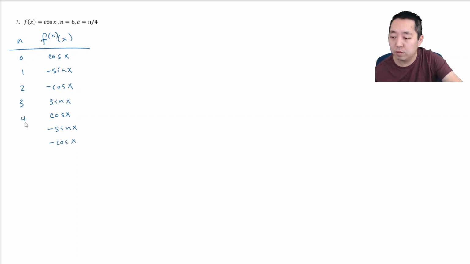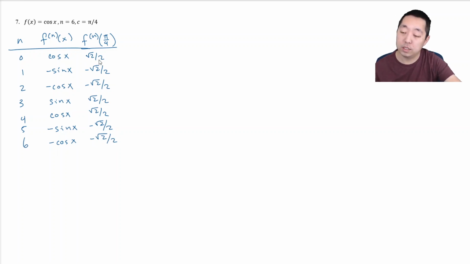So the nth derivative at pi over 4, well, cosine of pi over 4 is root 2 over 2. So is sine pi over 4. So root 2 over 2, negative root 2 over 2, negative root 2 over 2, positive root 2 over 2, positive root 2 over 2, negative root 2 over 2, and negative root 2 over 2.